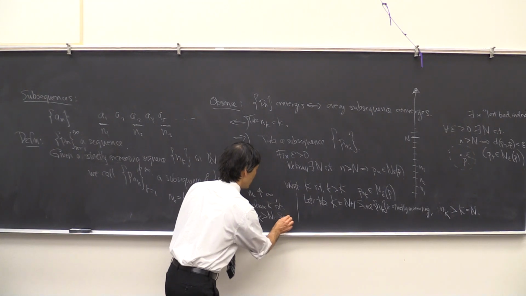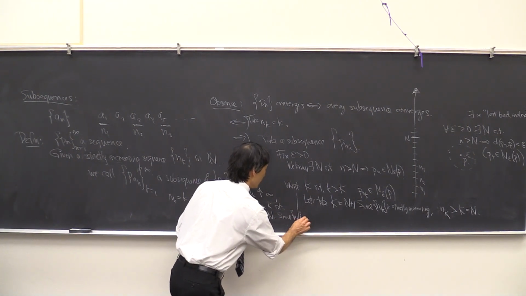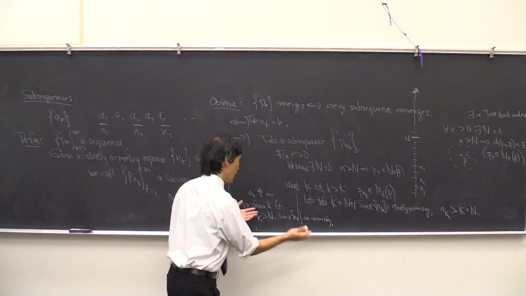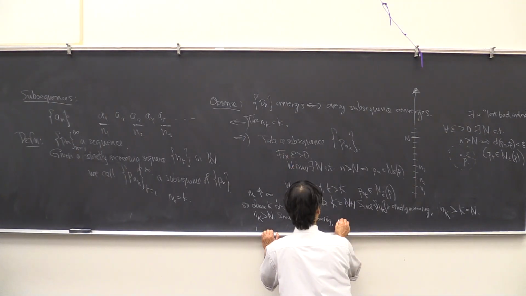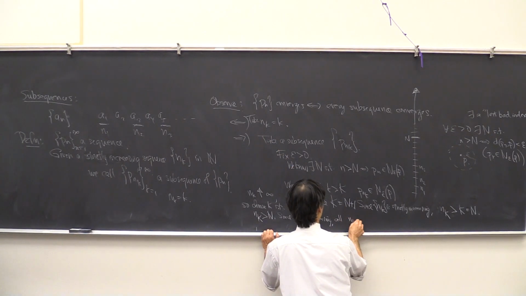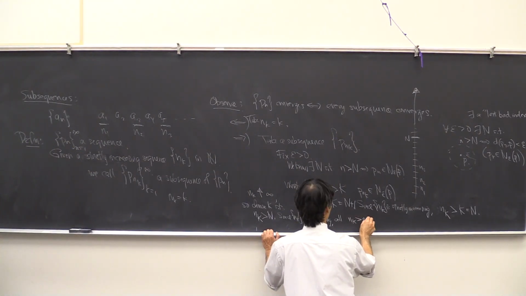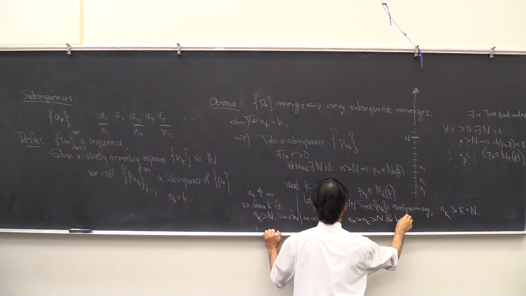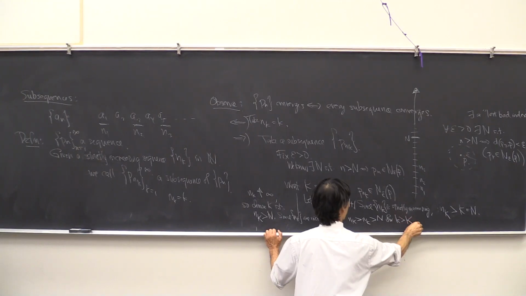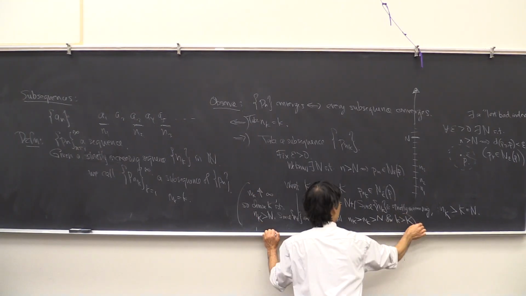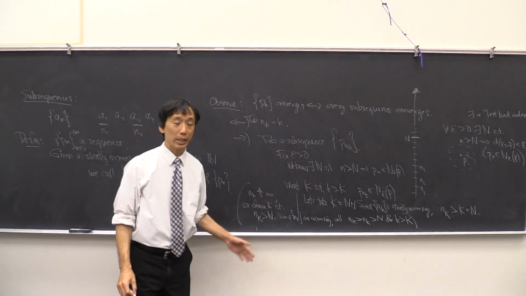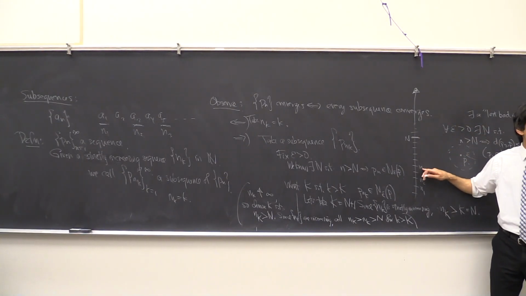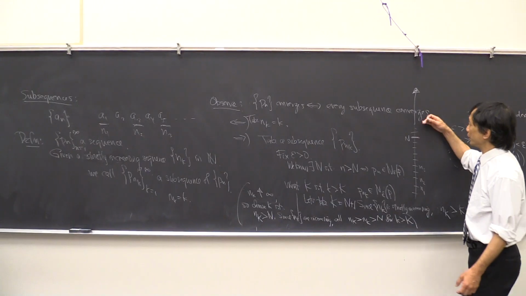Since n sub k are increasing, everything beyond there, all n sub k are bigger than n sub capital K, which is bigger than n, for k bigger than capital K. Whichever way you work, you just need to say that at some point, since these are increasing, they're going to go past n.